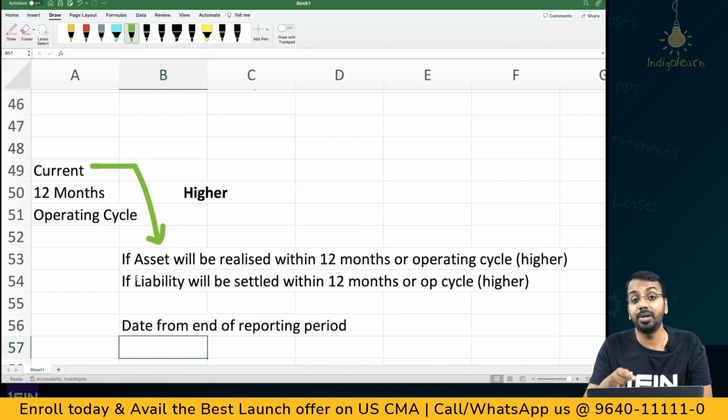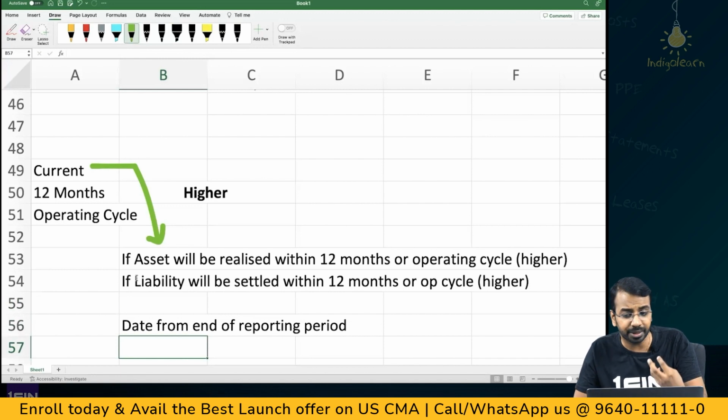Now let us say the operating cycle is greater than 12 months. What could be the industry where the operating cycle is greater than 12 months? One industry is the construction industry, where the operating cycle may be 3 years, 4 years. When you have to construct a flat, it is not that it will be completed in 1 year, right? If someone is constructing an apartment complex, it will easily take 3 to 4 years.